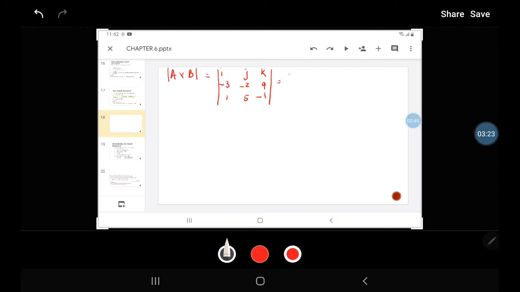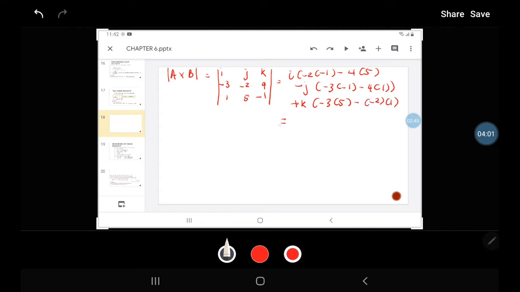Now we want to find the value for I. So I is negative 2 times negative 1 minus 4 times 5. Minus J, negative 3 times negative 1 minus 4 times 1. And plus K. K is negative 3 times 5 minus negative 2 times 1.